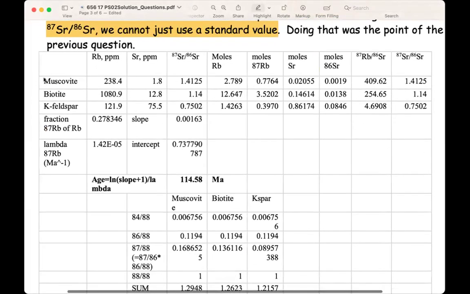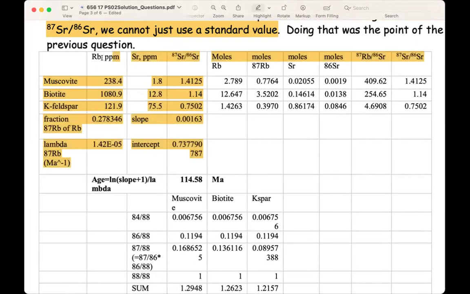So for muscovite, you can see this diagram. Muscovite, you have the ppm rubidium value and the strontium value, and then biotite, you have the rubidium value and the strontium value, then feldspar, you have the rubidium value and the strontium value, right?